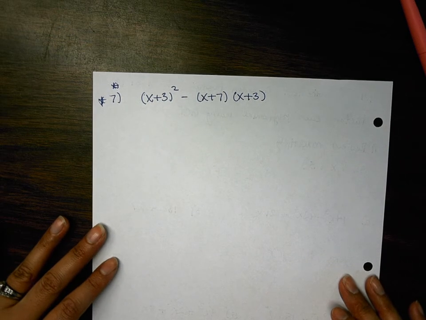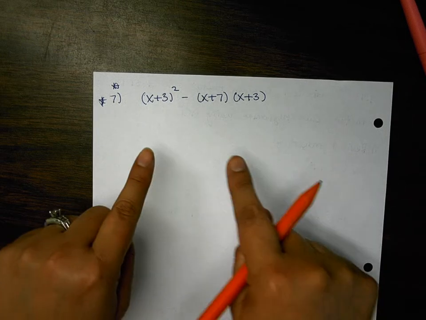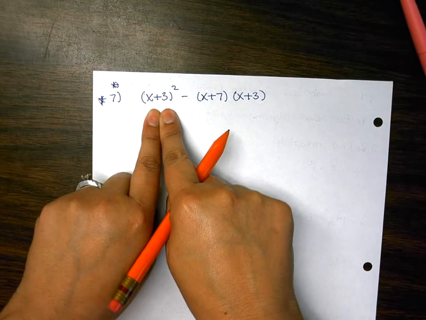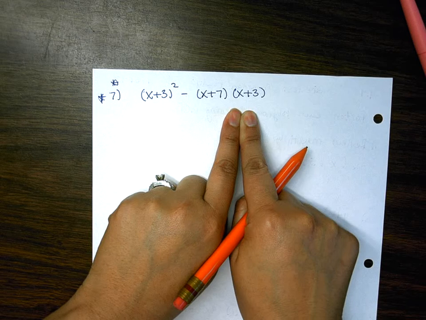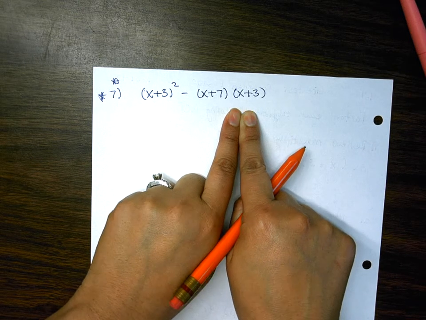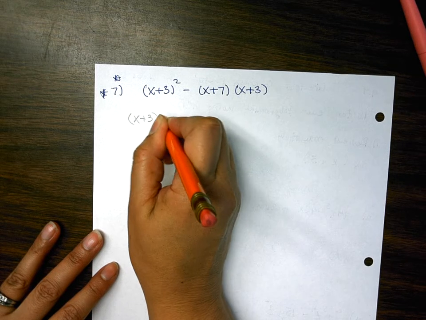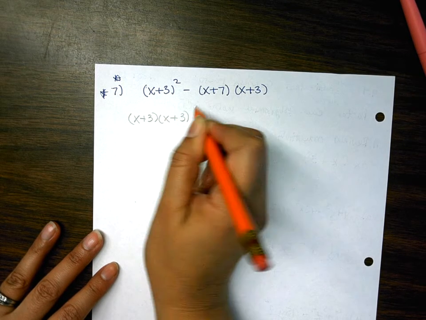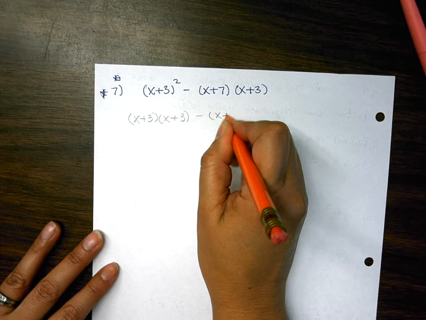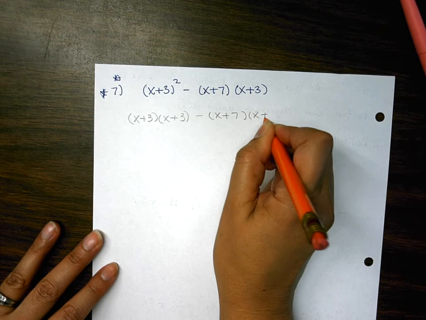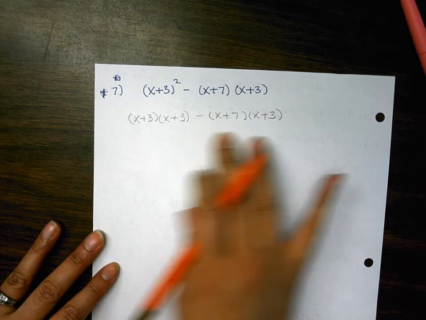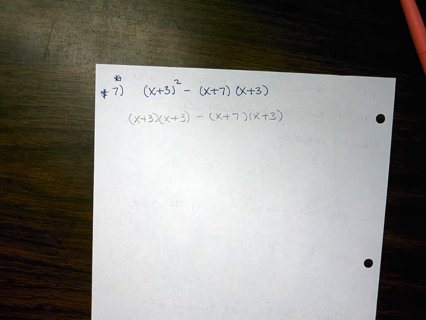It looks wonky. There's 2 terms. This is my first term. This is my second term. My first term has 2 factors. I'm going to actually write them out like this. And my second term has 2 factors, the second one staying the same. I just rewrote the first one so there's 2 of the bases.